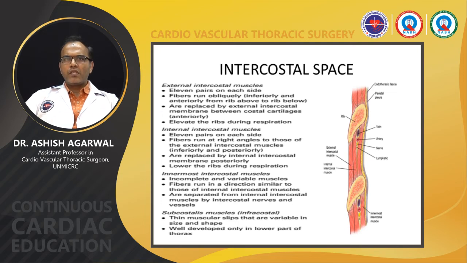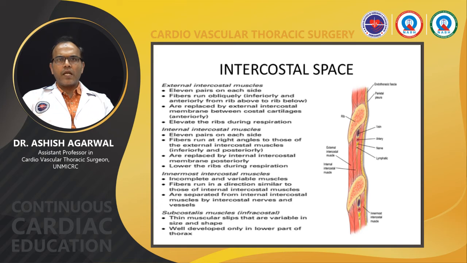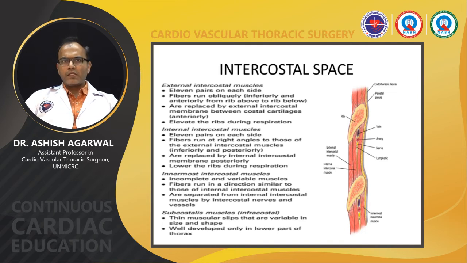Internal intercostal muscle, 11 pairs on each side. Fibers run at right angles to those of the external intercostal muscle, inferiorly and posteriorly, replaced by the internal intercostal membrane posteriorly, and its function is to lower down the ribs during respiration. Innermost intercostal muscle is most often incomplete and variable.